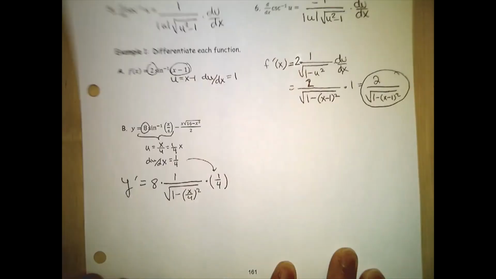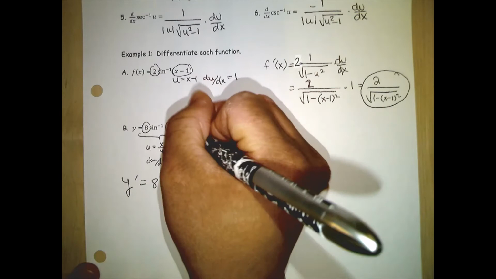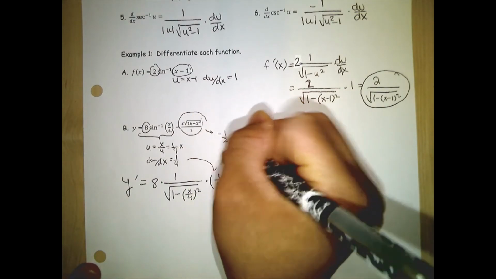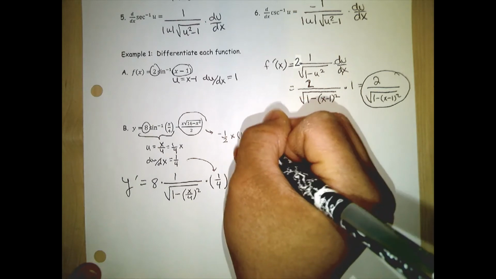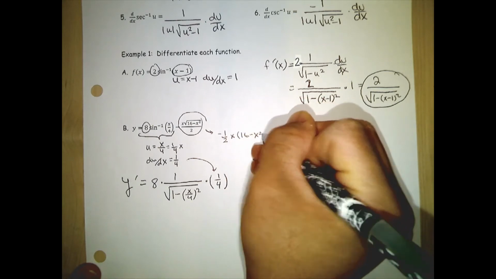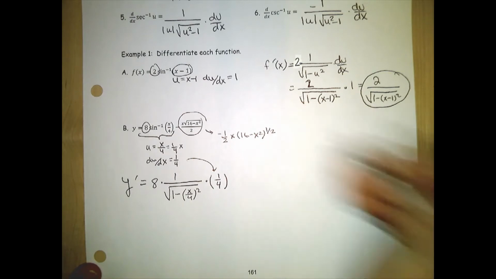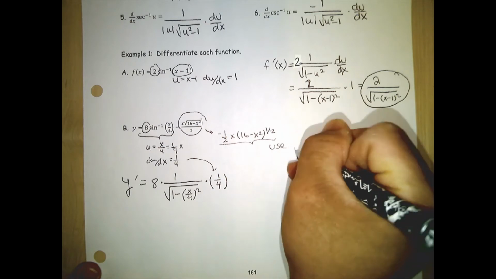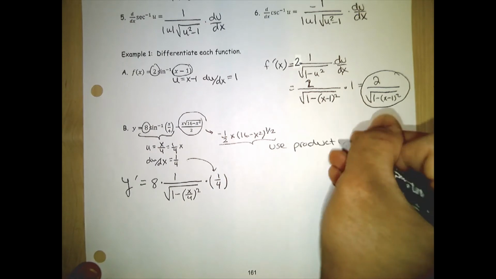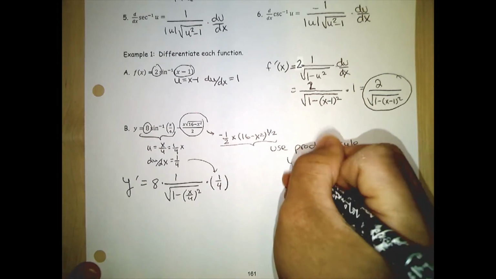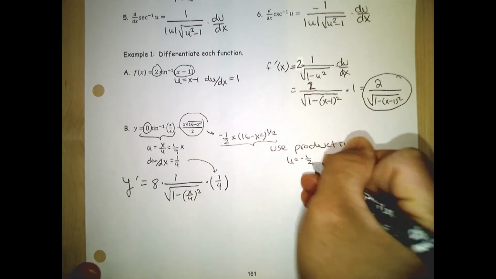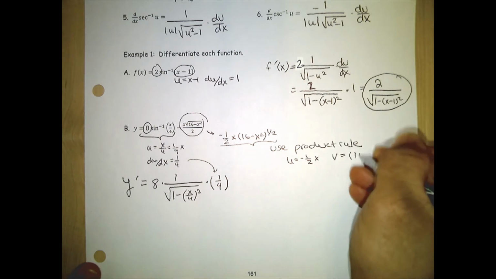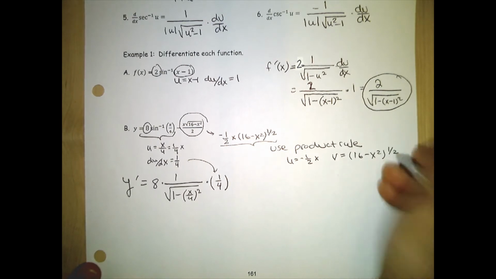And then we need to rewrite the second part. One way to write this is negative 1/2 x times (16 minus x squared) to the 1/2 power. Then we can use the product rule, and I can let u be the negative 1/2 x, and v be (16 minus x squared) to the 1/2 power.